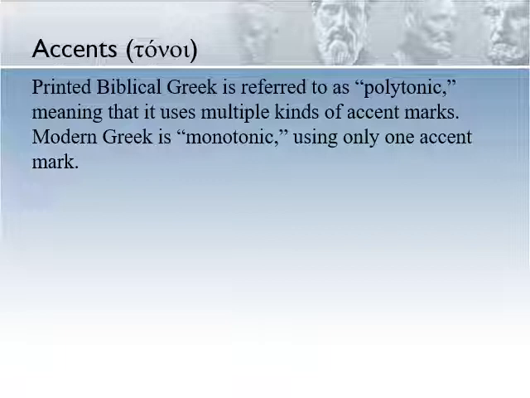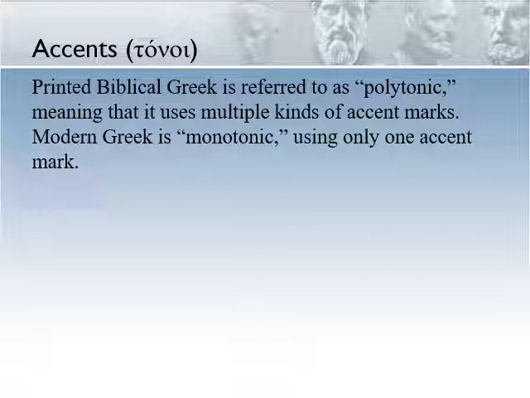Basically, printed biblical Greek is referred to as polytonic, meaning that it uses multiple kinds of accent marks. This was ancient Greek, and how ancient Greek was represented once the accent marks began to be printed. Now, modern Greek is called monotonic because it only uses one accent mark.